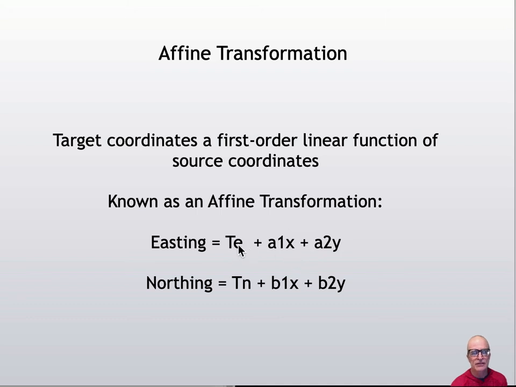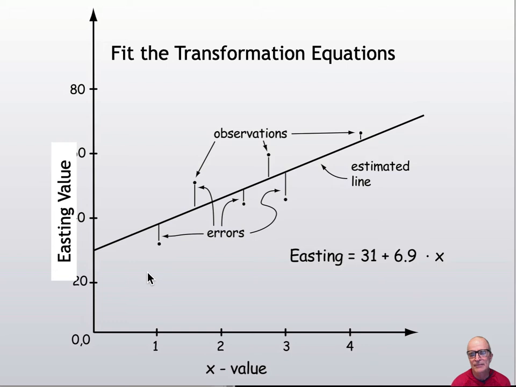And these three things, the translation and the coefficients, are all estimated from the set of control points, right? The control points are known, so I know the easting and the x and the y, and then these parameters are unknown. So basically I'm fitting the model. Now it's a two-dimensional fit, but here I'm just showing it in one dimension, so I'm just showing the x and not the y.